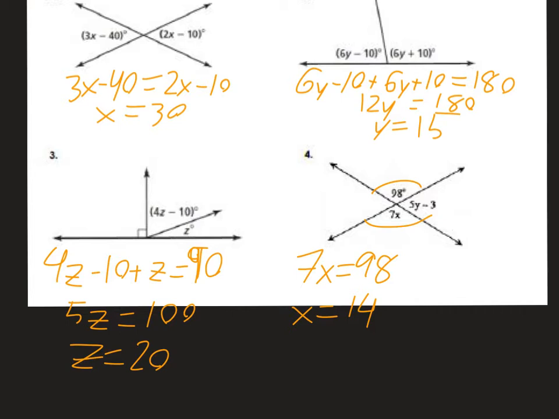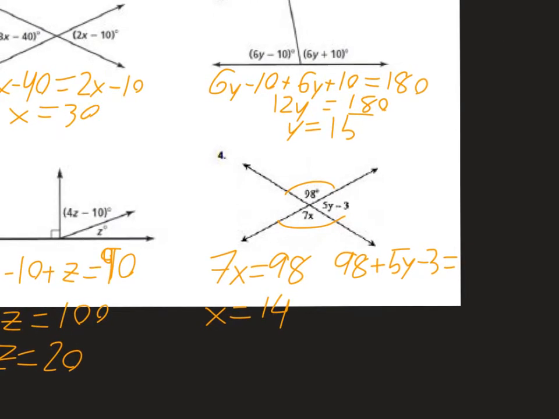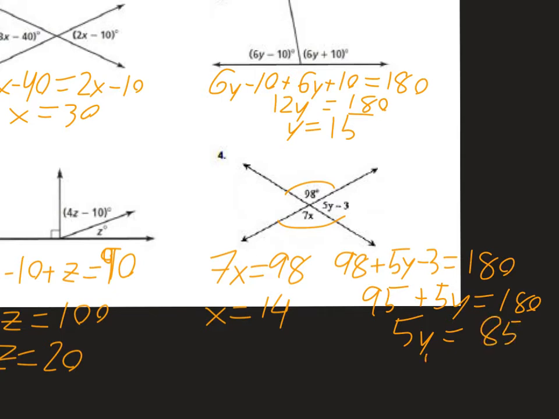And then 98 plus 5y minus 3 must equal 180 by definition of a linear pair. So 95 plus 5y must equal 180. 5y must equal 85, which means y is equal to 15.